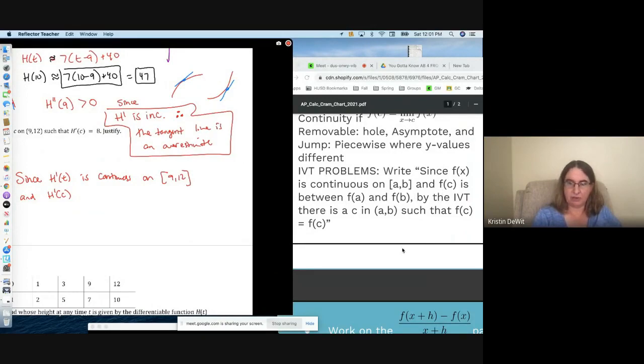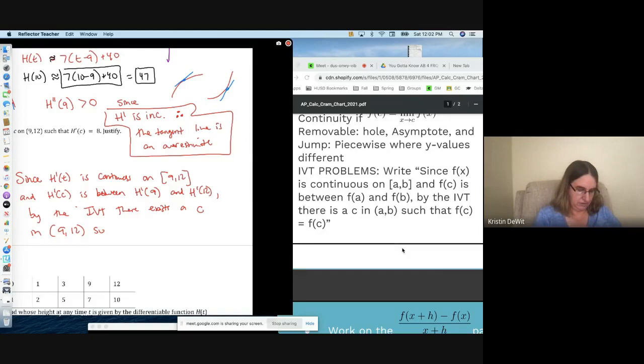So now, and h prime of c is between h prime of 9 and h prime of 12, by the IVT, there exists a c in (9, 12). Notice that now it's not brackets, because it has to be between these two. It can't include those same points.